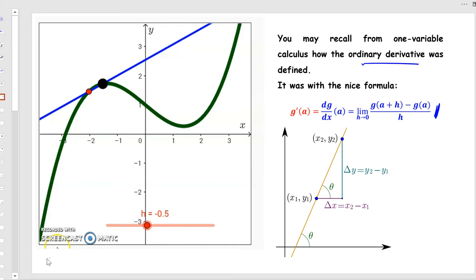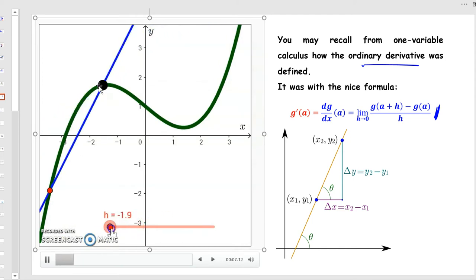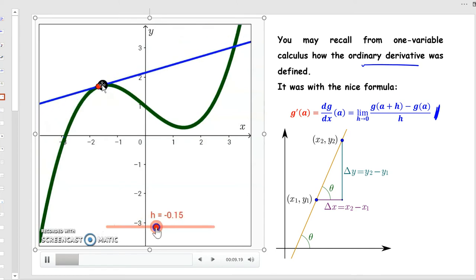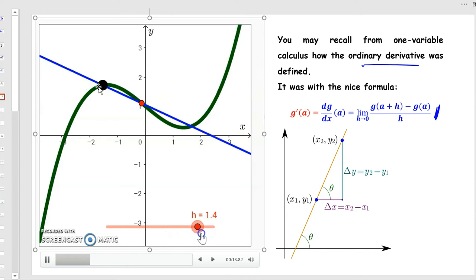If you look at the diagram here, this black dot is a point, say x equals a, where you want to calculate the derivative.